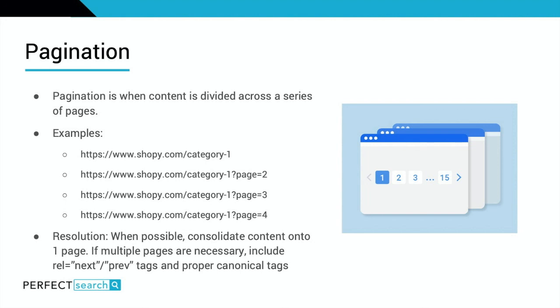However, oftentimes it is important to have paginated content, and when this is done, it's important to take the proper precautions so that the Google algorithm understands where your content lies within the frame of things and what the real authoritative page is. So if multiple pages are necessary, you would include rel equals next and prev tags, as well as proper canonical tags to ensure that everything is as clear as possible.